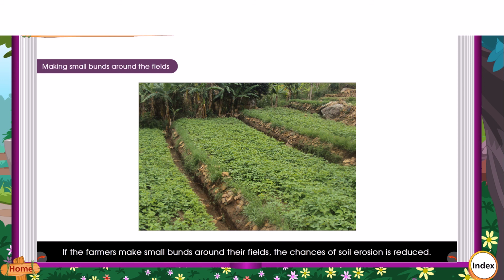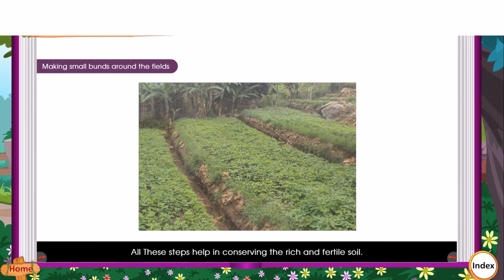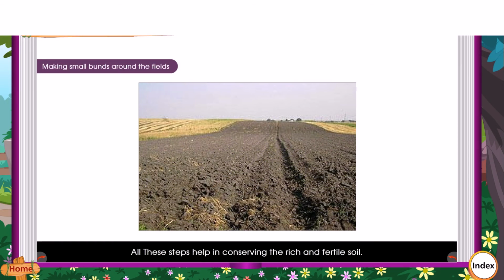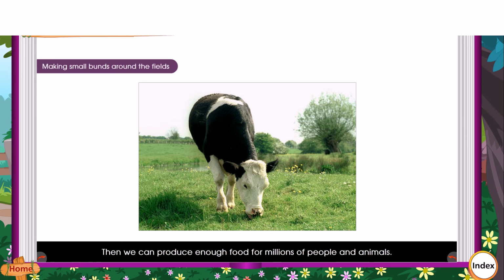If the farmers make small bunds around their fields, the chances of soil erosion are reduced. All these steps help in conserving the rich and fertile soil. Then we can produce enough food for millions of people and animals.